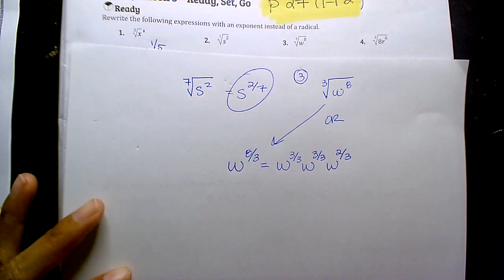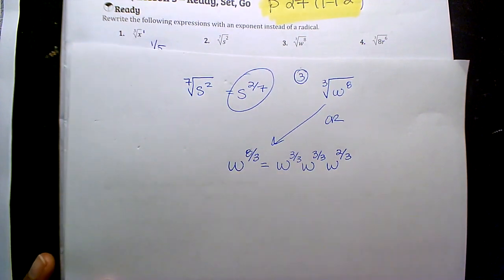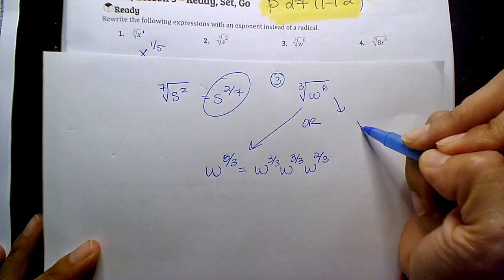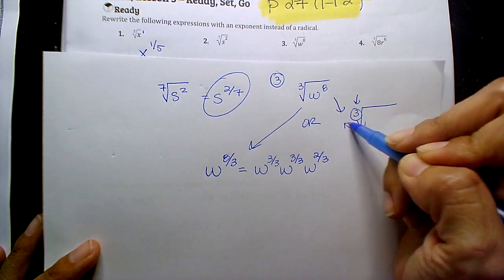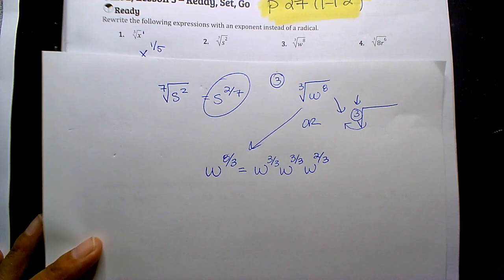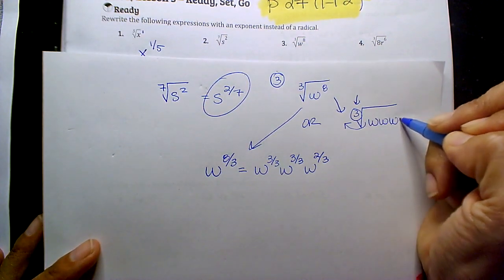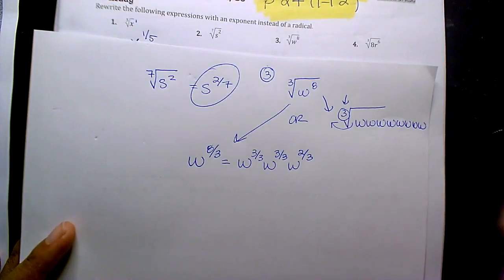So you kind of have that W squared, but that's how you want to look at it. If I'm doing it over here, remember that root means how many you need to take whatever the base is out. So if you have 8 W's, I have W, 3, 4, 5, 6, 7, 8. I have 8 W's.